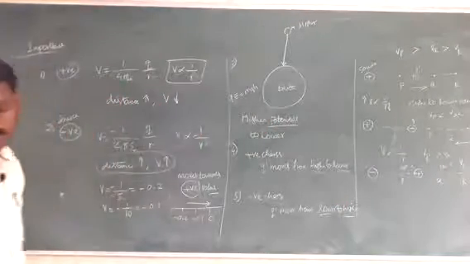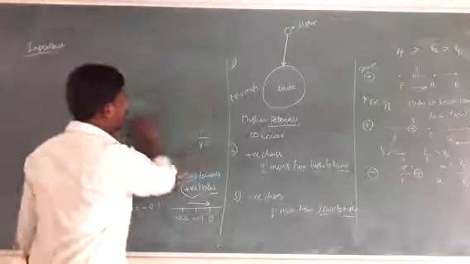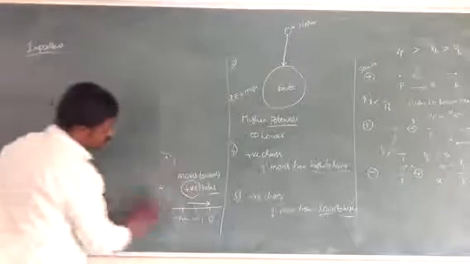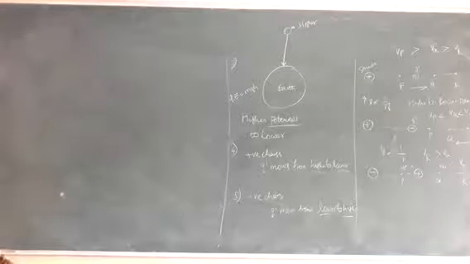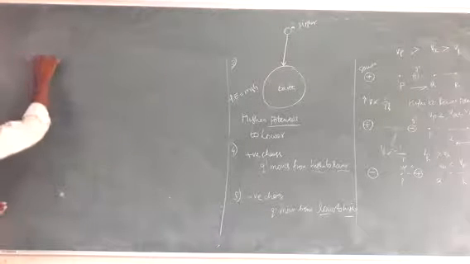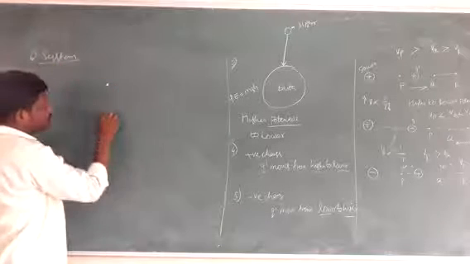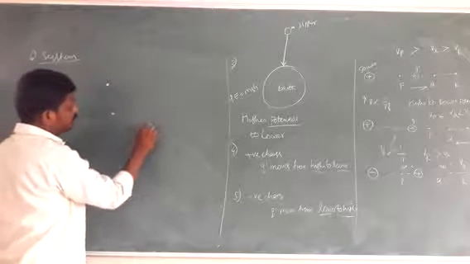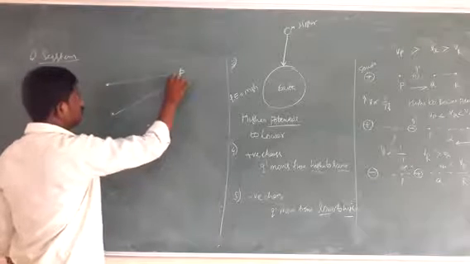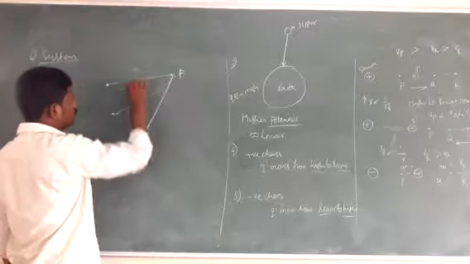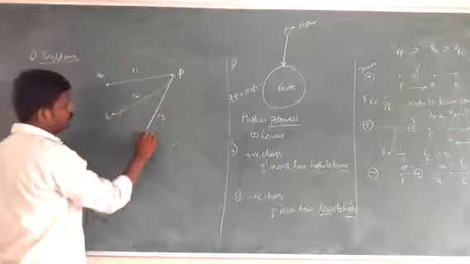The next, for a system of charges. We have studied many times for electric field and also for forces the superposition principle. If it is a system of charges, what is the total potential? Consider charges Q1, Q2 and Q3, and a point P. R1, R2, R3 are the position vectors of Q1, Q2 and Q3.